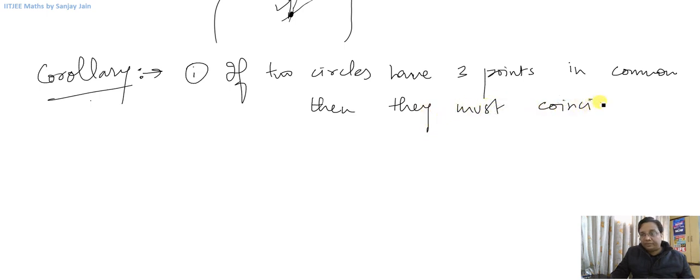That means there cannot be two different circles having 3 points in common. If there are 3 points in common, then we can say that these must coincide, right? These two circles are nothing but coincidental. These lie on each other completely.